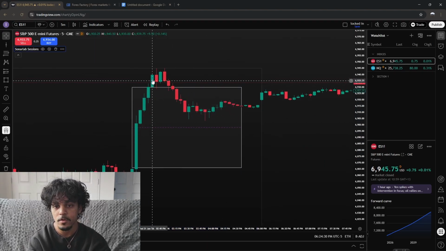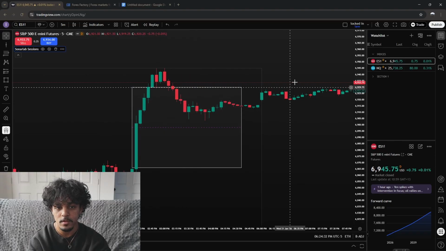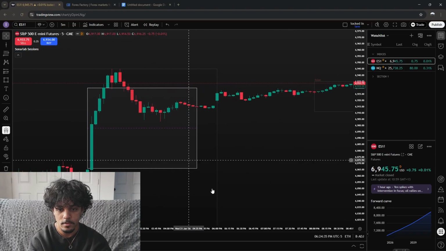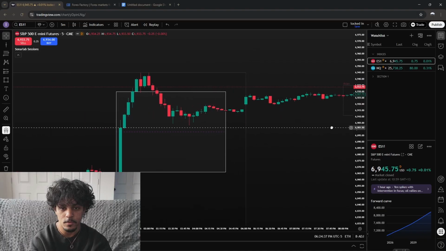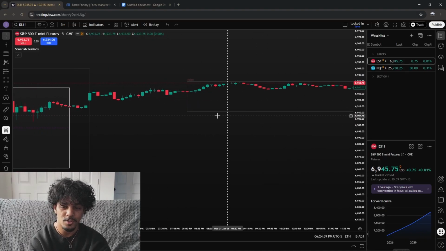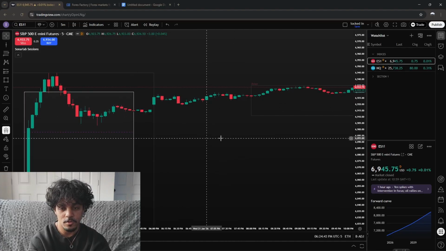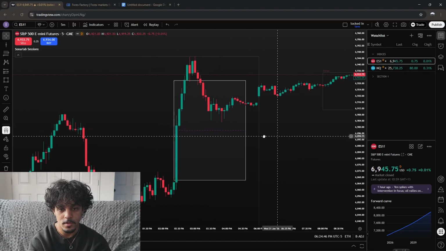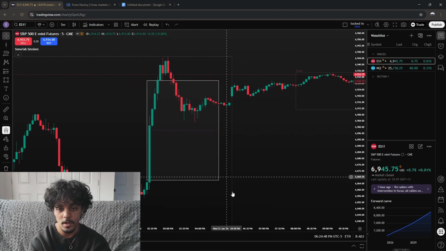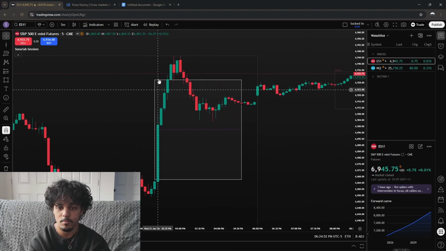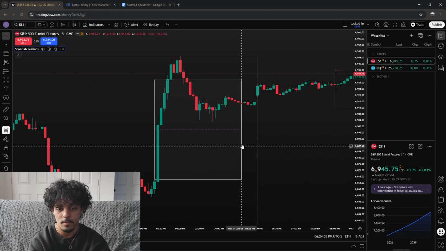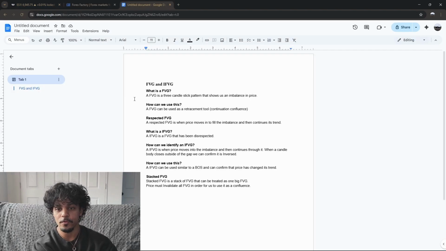So price creates the fair value gap, comes in, respects it, and does not continue in its downtrend and continues doing whatever it does. It's Asian session, so it just consolidates, but this cannot be used as an invalidation because the big fair value gap gets respected. That's all we have for fair value gaps and inverse fair value gaps.